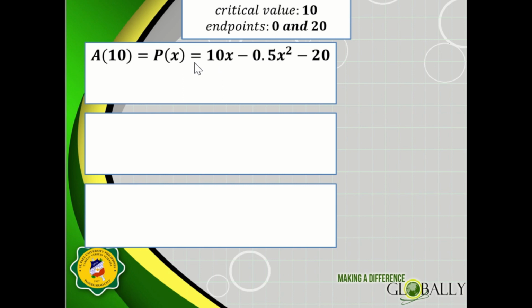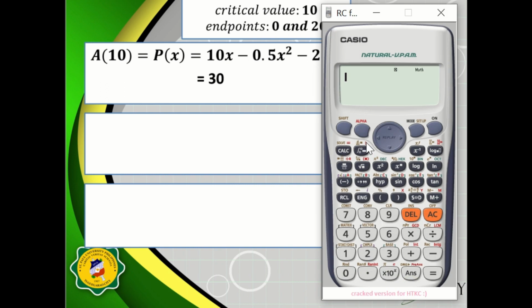If the value of x is 10, we will now have 30.